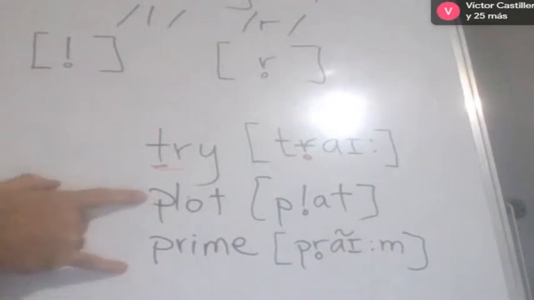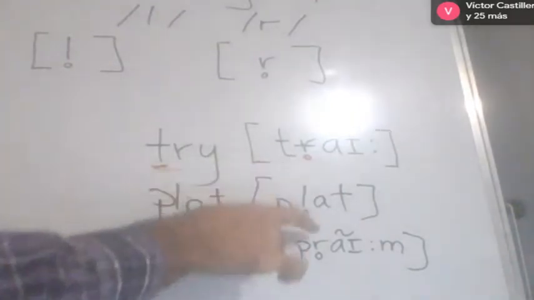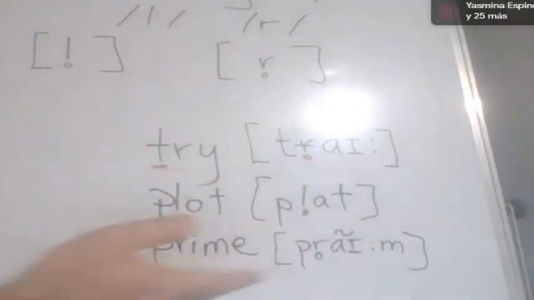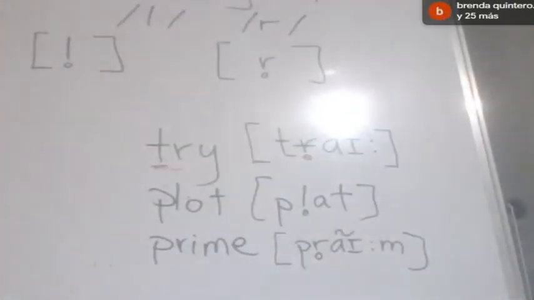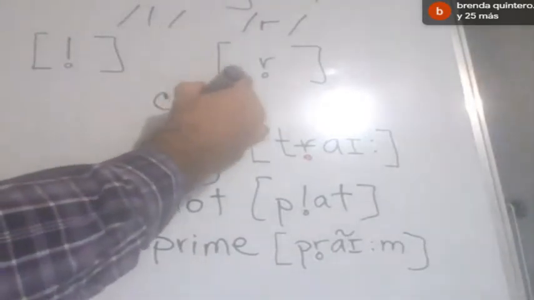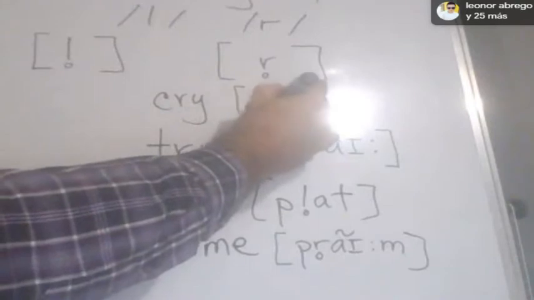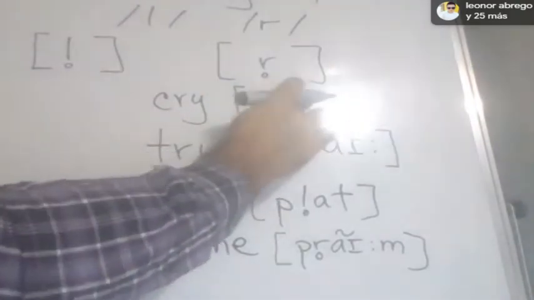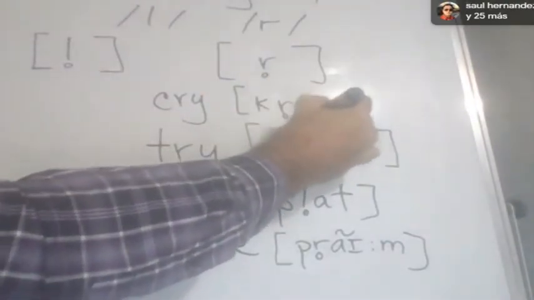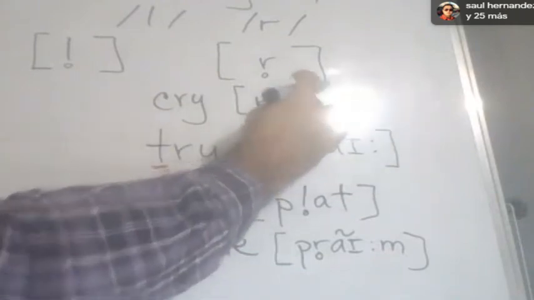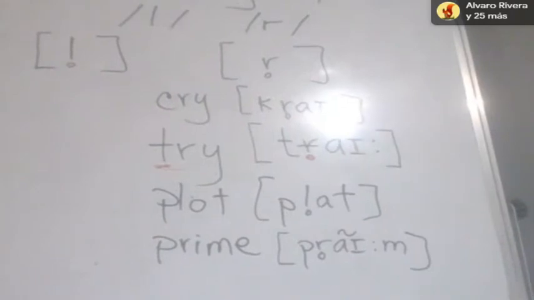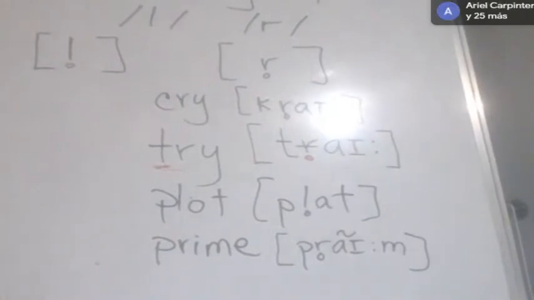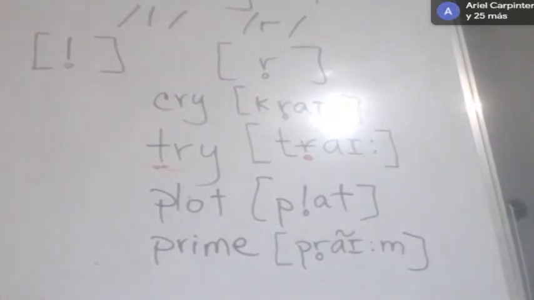So the P is a voiceless stop, and the R gets devoiced too, right here. With K it also happens. So I say cry. The R gets devoiced. Any questions?